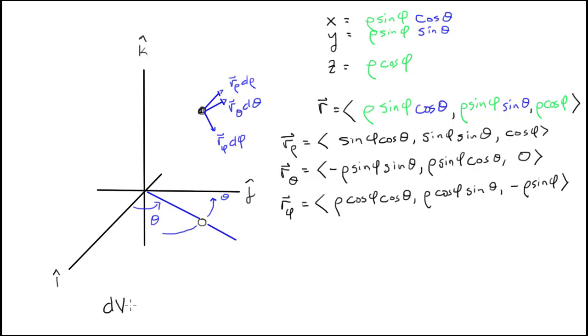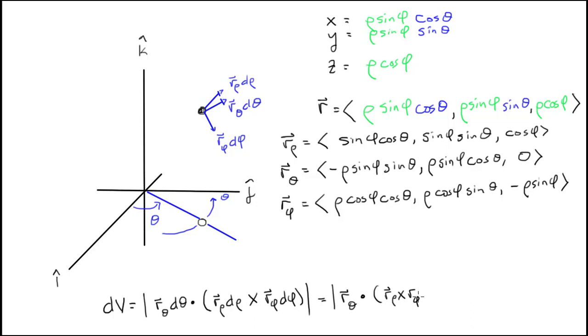So when we do our triple product, it's going to be easier to dot the theta vector with the cross product of the rho and phi vectors, because those vectors will be parallel and they have a 0 k component. So it might be just a little less work. Of course, it doesn't matter. Factoring out our differentials.